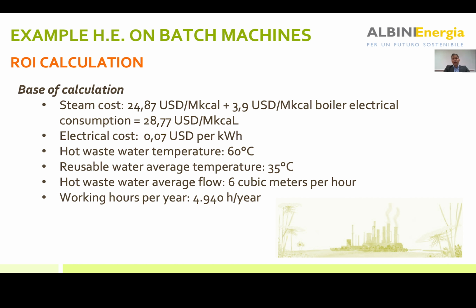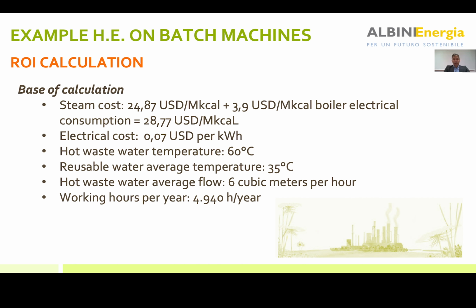thermal oil. And the thermal oil was the fluid designed to warm the temperature of the water in the washing machine. So if you use the thermal oil, you must consider also the power of the pumps, and also the power of all the objects which you need in order to treat the exhaust of the boilers.